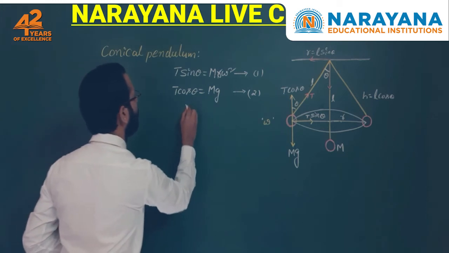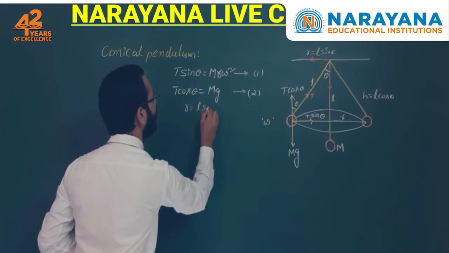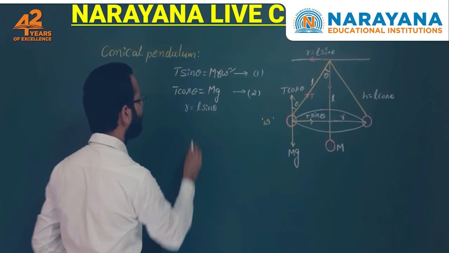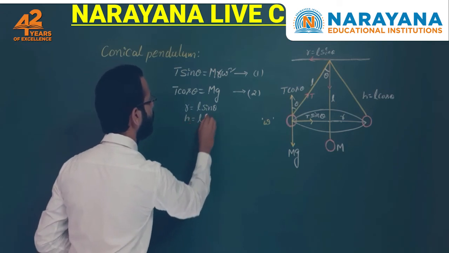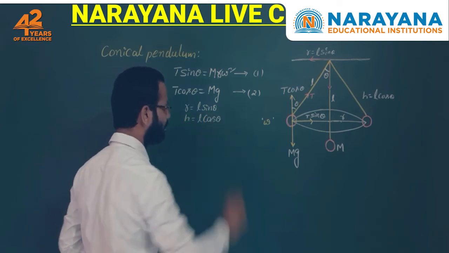So we write R is equal to L sin theta and h is equal to L cos theta.